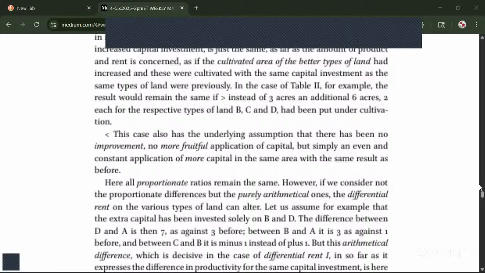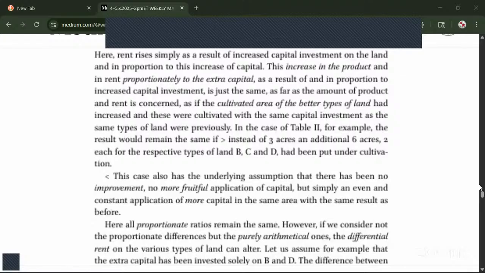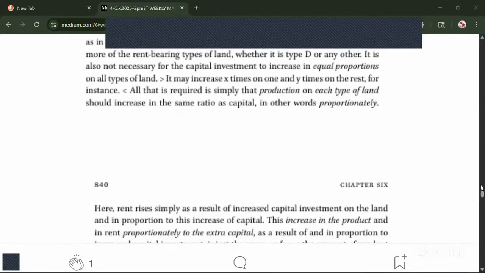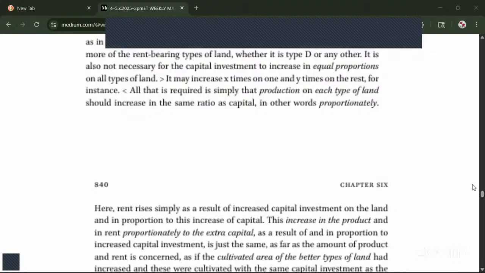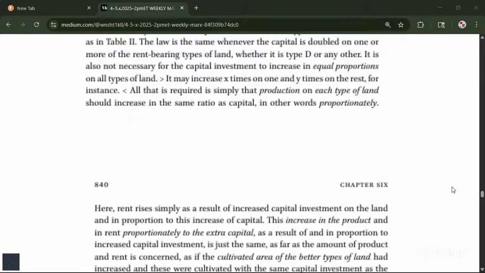We're up to about page 840. We're still in chapter 6 of the economic manuscripts of 1864 to 65, the Fowkes Moseley translation, and it may seem a little fragmented, even boring, but it is the original text of the manuscripts from the MEGA translation.